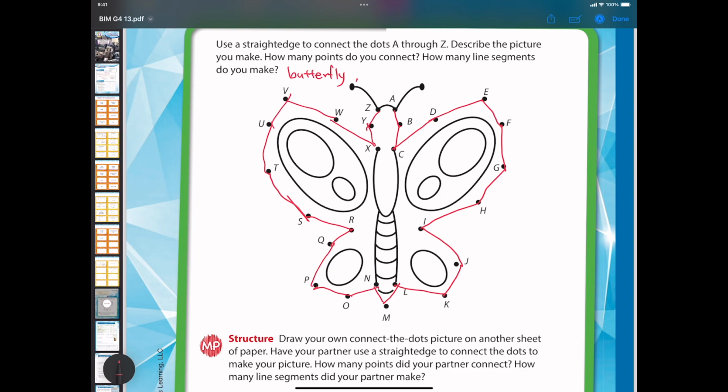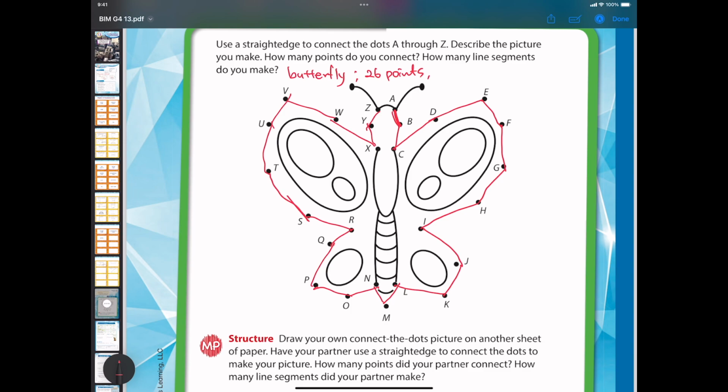And second question, how many points do you connect? So from A to Z, how many alphabets do we have? Yes, we have 26. 26 points. And the other question is, how many line segments do you make? So basically, you are connecting two dots in one line. Okay, this is a line segment, two ending points.